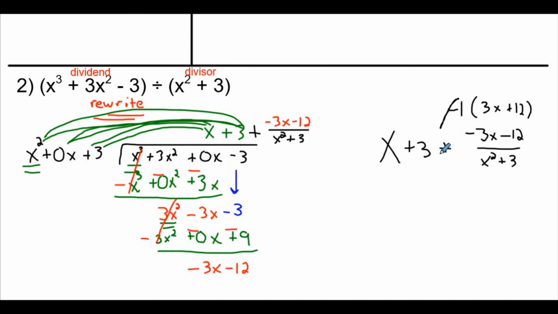And then you would combine those two together. So you would get x plus 3 minus this expression, because you just combined those things, removing it. So you get 3x plus 12 divided by x squared plus 3.